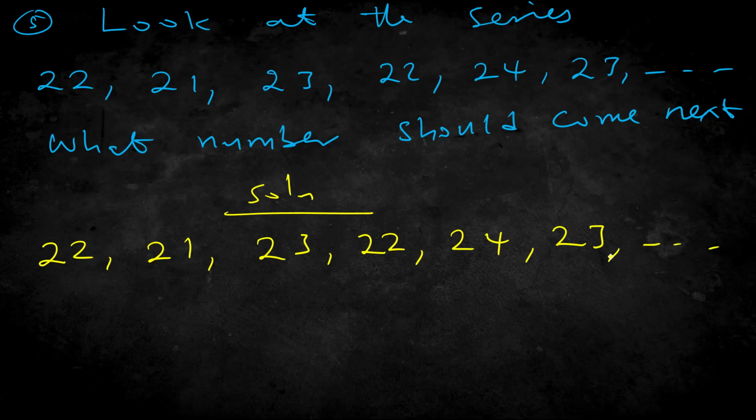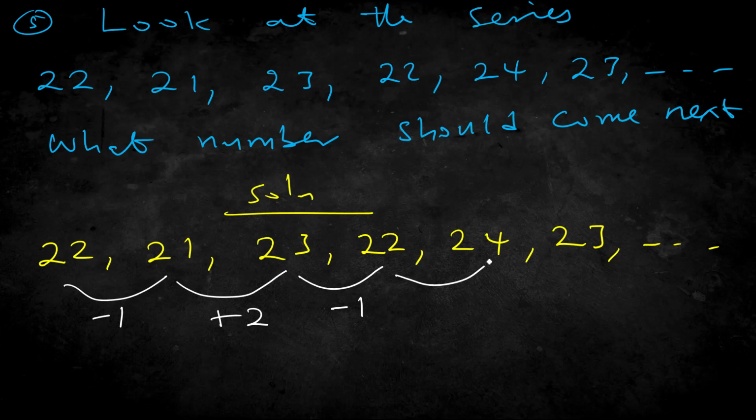Let's look at the first two. 22 to 21, it's down by 1, so minus 1. Now let's check this. 21 to 23, we have plus 2. 23 to 22, we are down by 1.